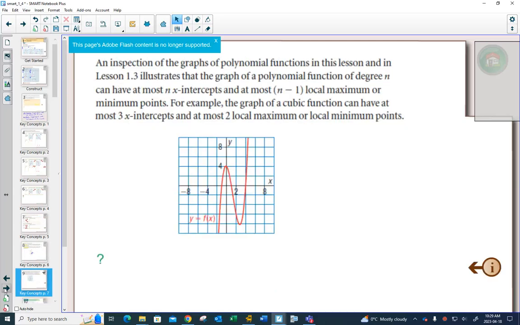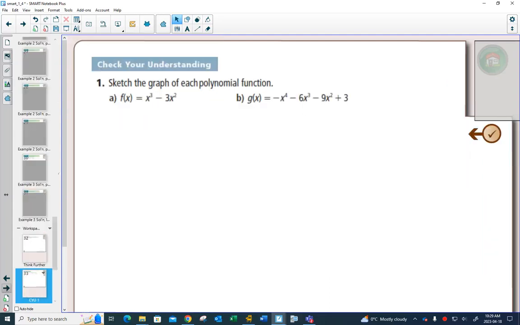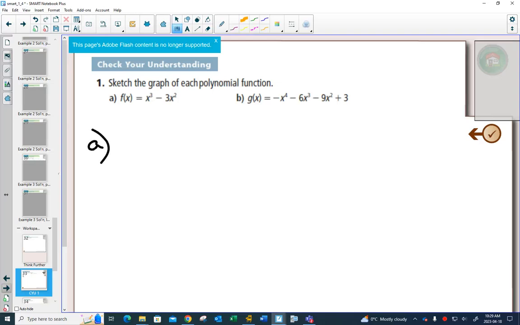Okay, let's go to example 1. And they ask us to sketch these graphs. Now, we are going to learn some very good techniques, but for right now, what we're going to do is go back to our most basic graphing technique that we've learned right from grade 9, which is if you want to graph something, you could just find a bunch of points and plot them.